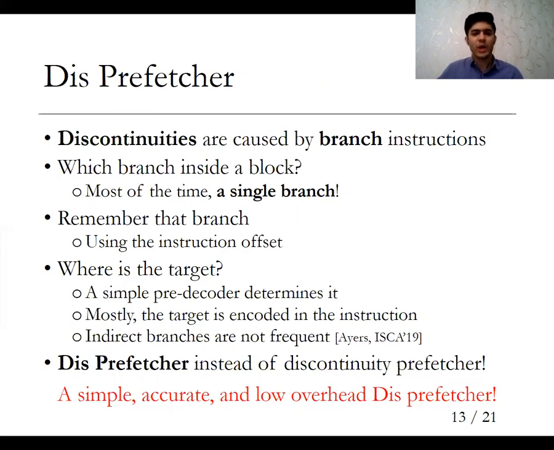Consequently, we record up to a single discontinuity per block to cover discontinuity misses. To know where the branch instruction is located inside the instruction block, we record the instruction offset of that branch instruction. Moreover, instead of recording the target address, we use a simple decoder to extract the target from the branch instruction. These policies help this prefetcher to have a very compact metadata record that imposes low storage cost to the design.